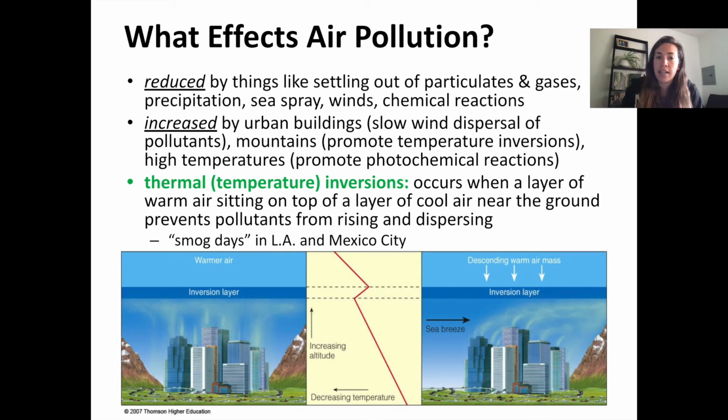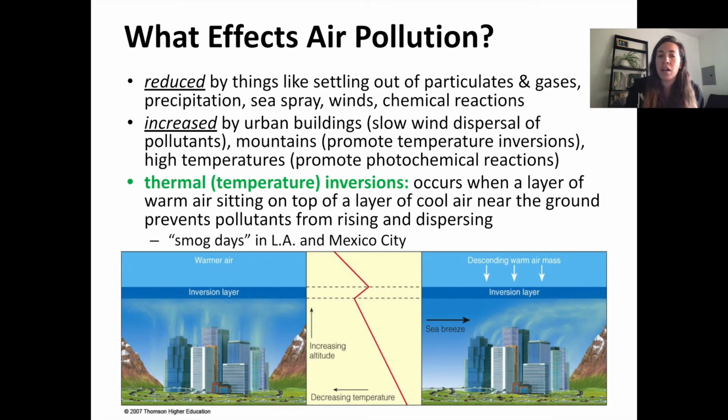And we see this in LA, we see this in Mexico City. We're going to talk about an example of this associated with industrial smog during our case studies this unit. But essentially, these thermal inversions are problematic because they prevent pollutants from leaving. And it's not until you get some sort of significant breeze event that you can actually move that pocket of air pollutant away.